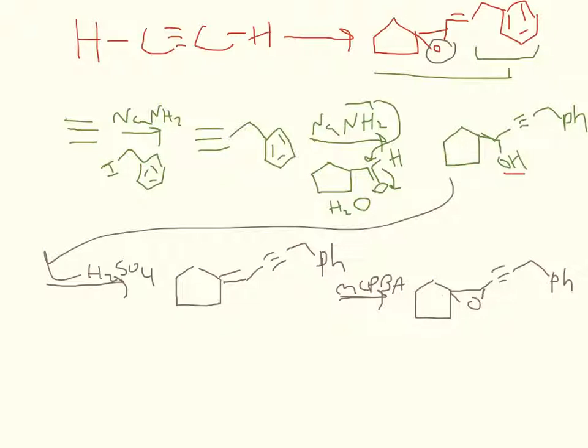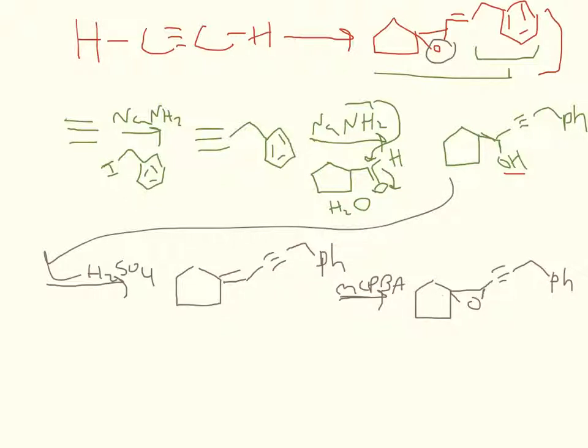And so the last step is to get rid of this triple bond and make it a double bond. But if you remember, we cannot use Lindlar's catalyst because that would give us a cis, and as you can see from the beginning molecule, we need a trans.